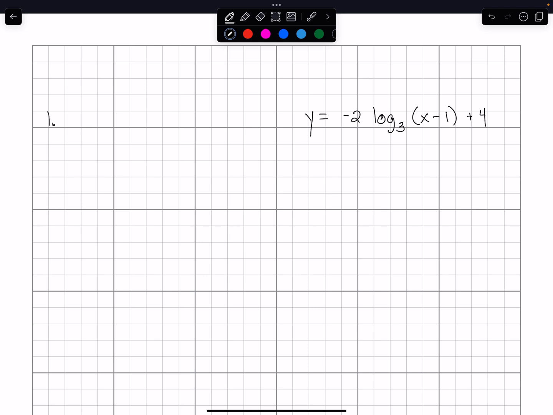So one, of all your log properties, we're going to recall that log base b of b is equal to 1. All right, so for example, log base 5 of 5 is equal to 1. Log base 3 of 3 is equal to 1, right? So that's the property I'm referring to.